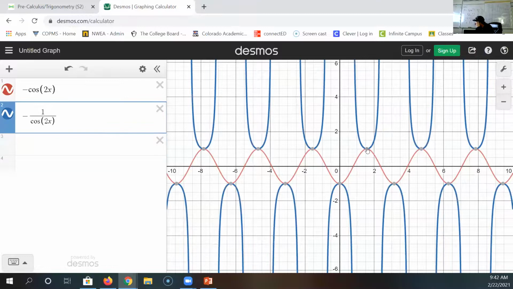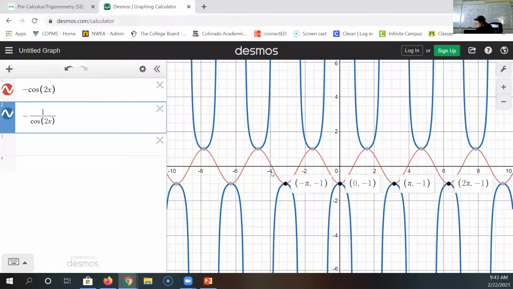So this point right there is pi halves to 1. On my graph, I have this 2 pi over 4, but you can see it's still there. And then it's 3 pi, and then 5 pi. On the negative side, what would be the minimums of our cosine graph are now maximums of our secant graph.